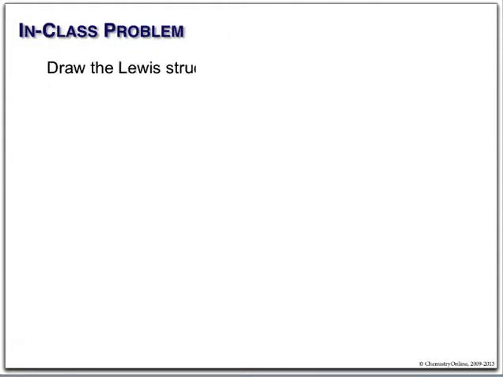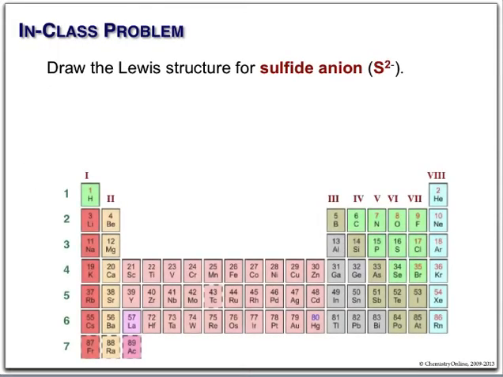Let's do a problem. Take the sulfide dianion and let's draw its Lewis structure. We start off with sulfur. Sulfur is here in group 6, so we have 6 valence electrons. To make the dianion, we add 2 more electrons, and it looks like this. Nitride trianion.